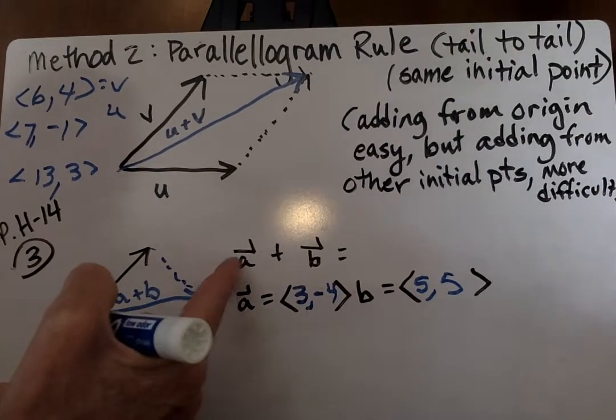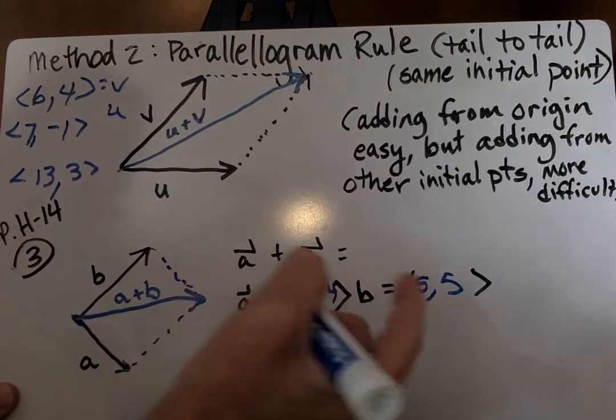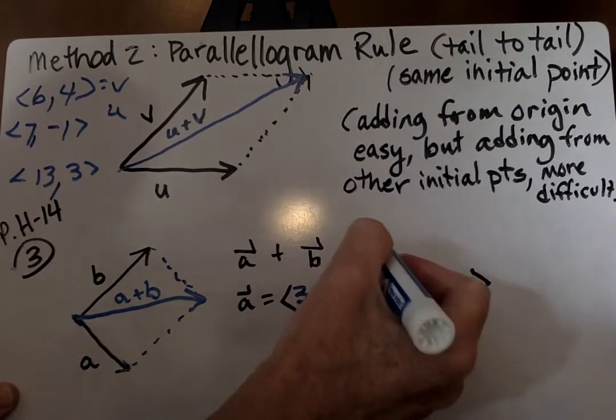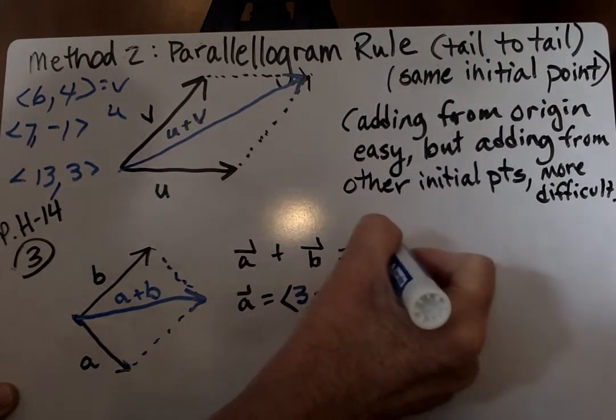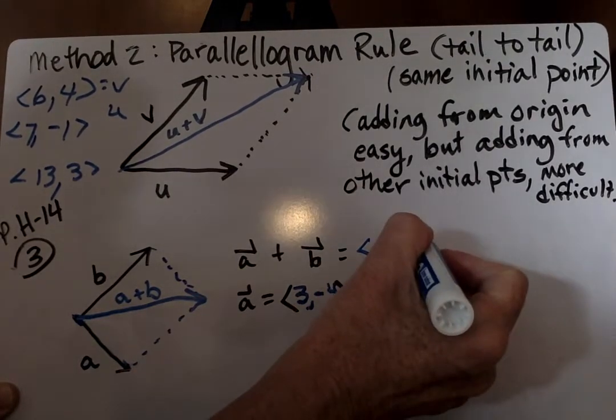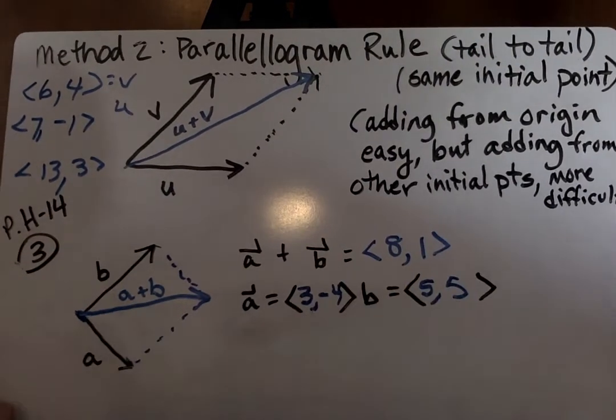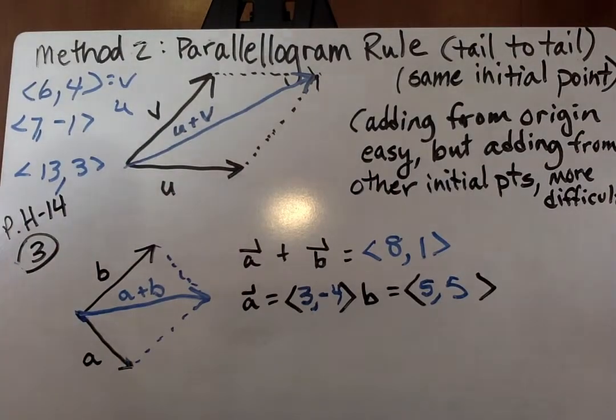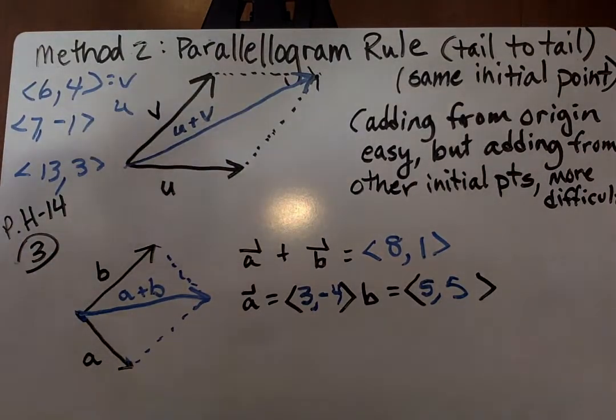So we say vector A plus vector B, 3 plus 5, 8. And then -4 plus 5 is 1. So there's our component form for the resultant vector of vector A plus vector B.